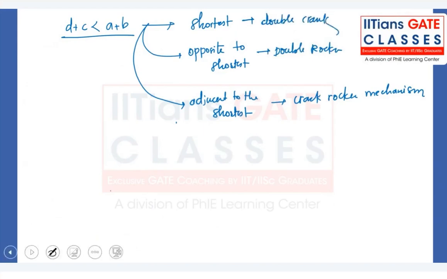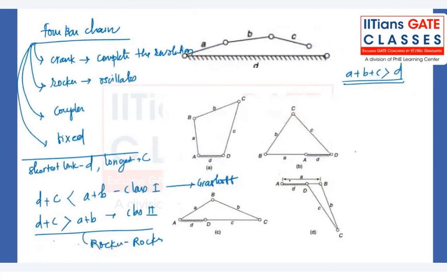So A can also rotate and C can also rotate. Both A and C can have a complete revolution, and B is, let's say, a coupler between them, and link D, which is shortest, is fixed. Okay, so this is how you should proceed.